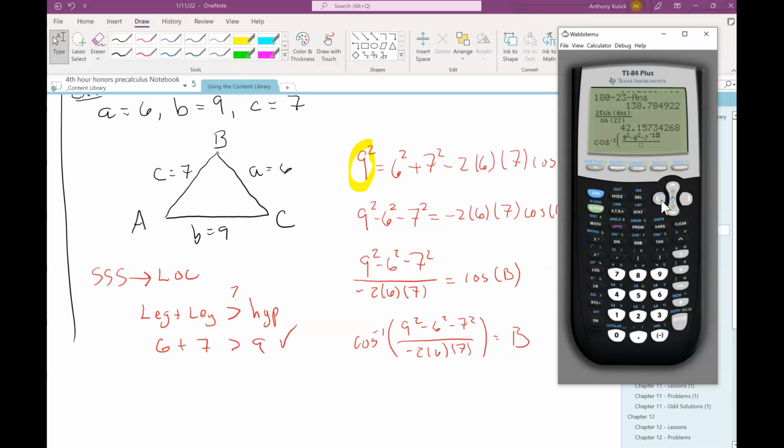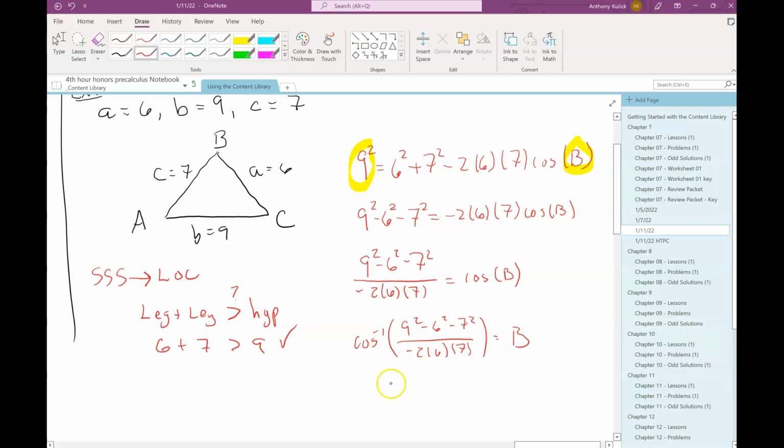So I would highly recommend making sure that I'm using that fraction command on a problem like this. So 8727 is what I get there.